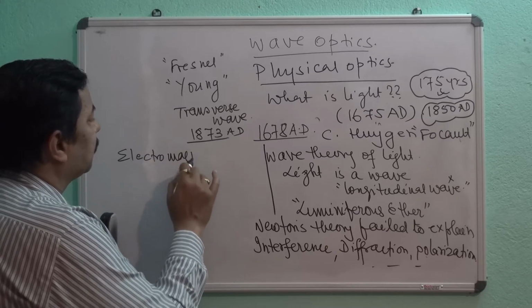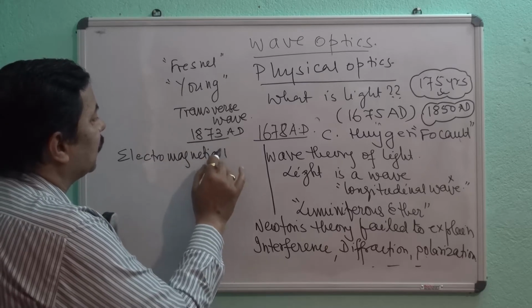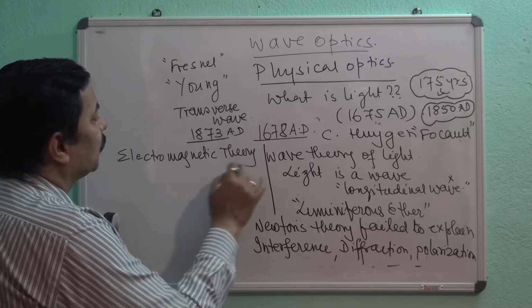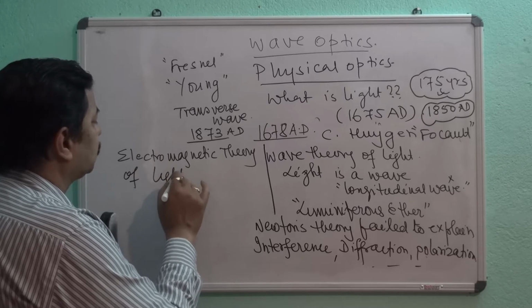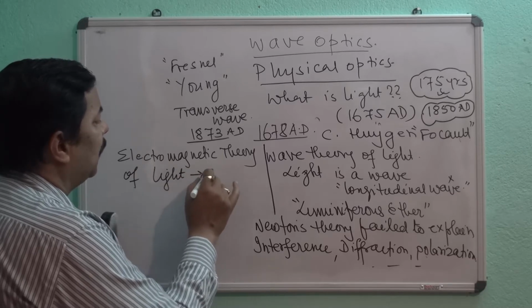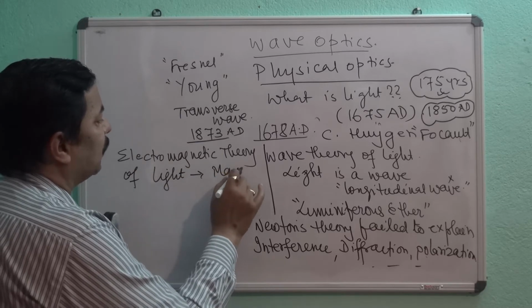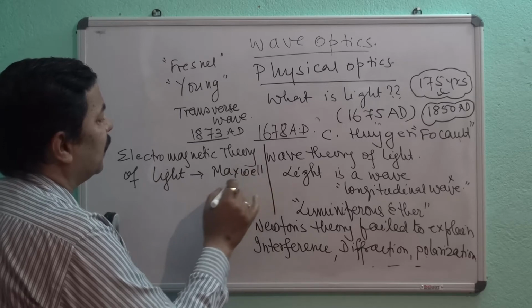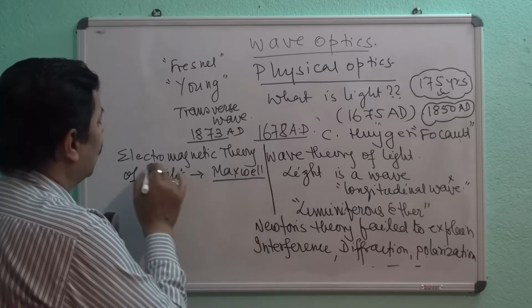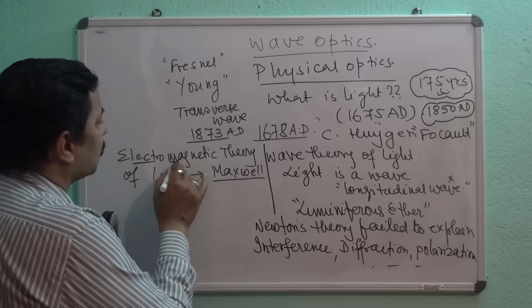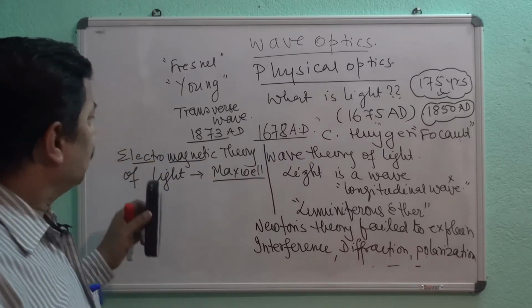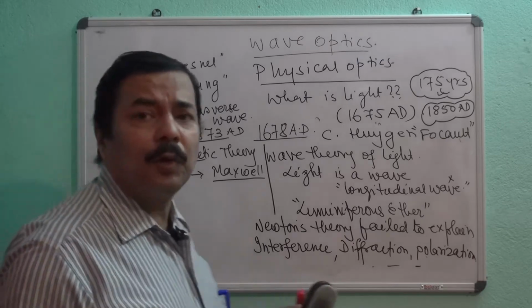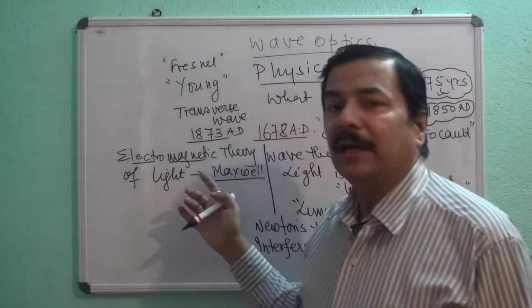Maxwell was the scientist who said light is an electromagnetic wave. Electromagnetic means it is related with electricity, and it is related with magnetism also.